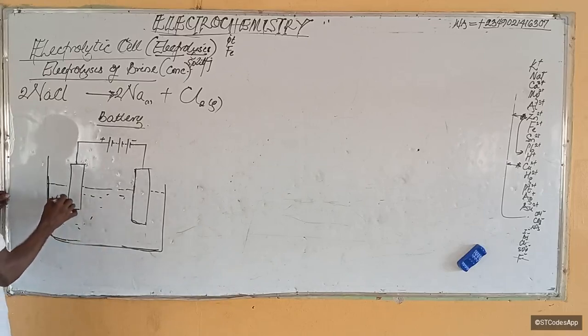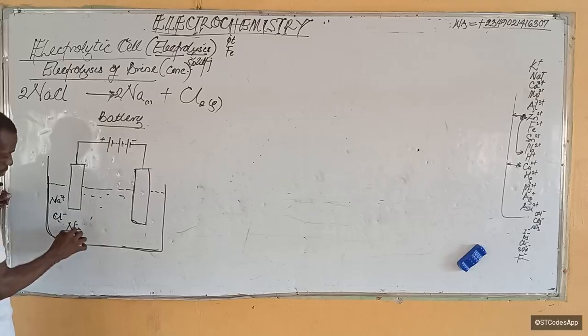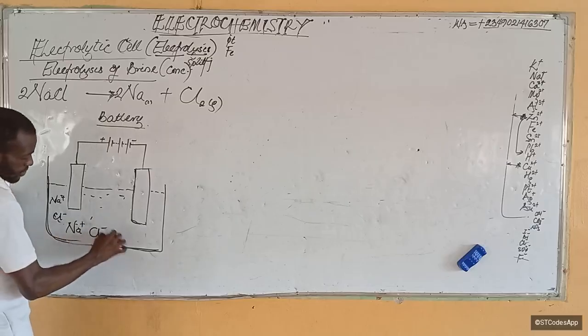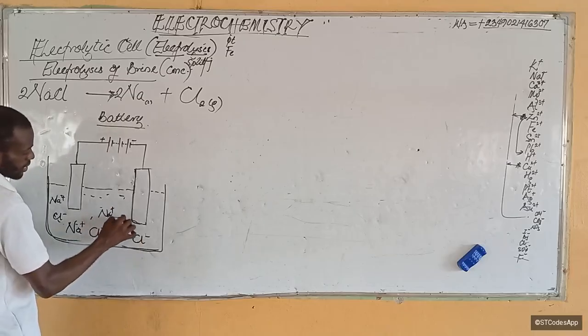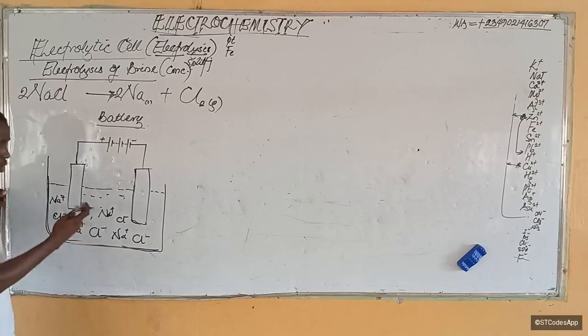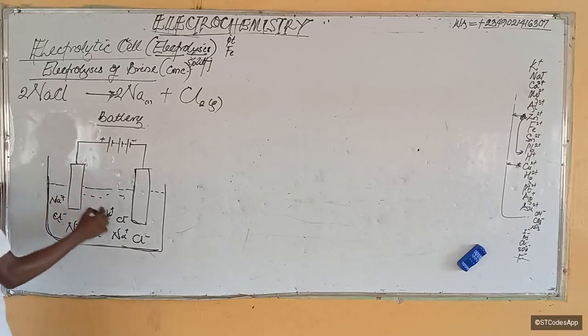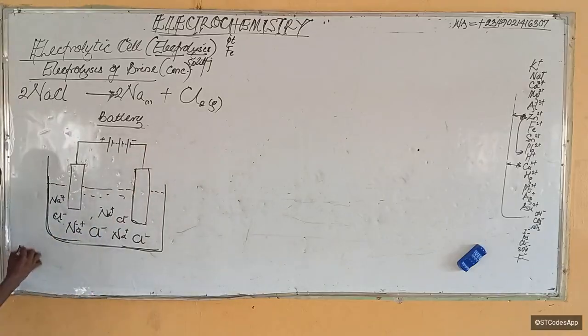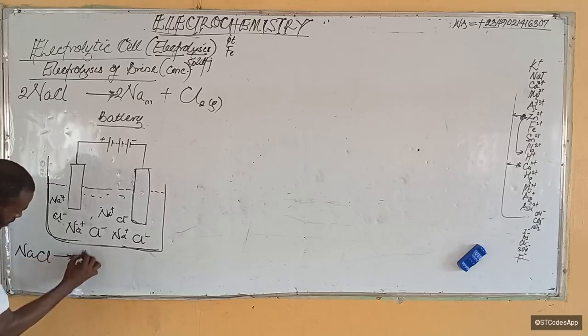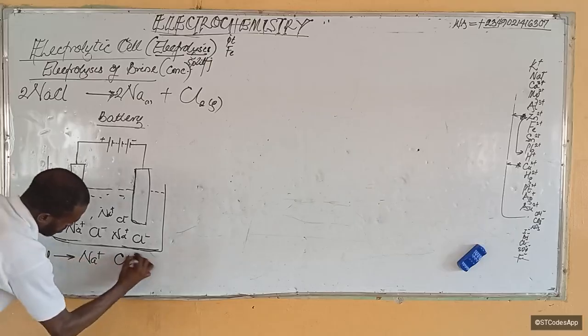So there's many Na plus, Cl minus, Na plus, Cl minus, and so on. And of course, because there's also water, there is water dissociating. So what we have here is NaCl dissociated to Na plus and Cl minus.